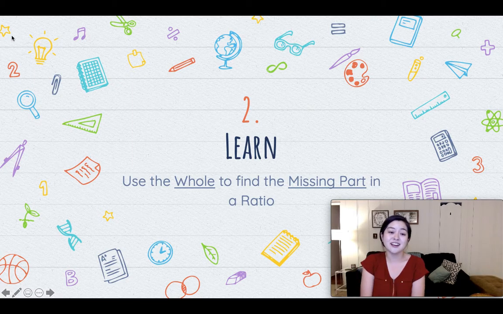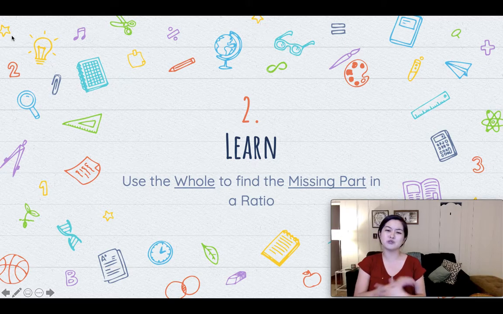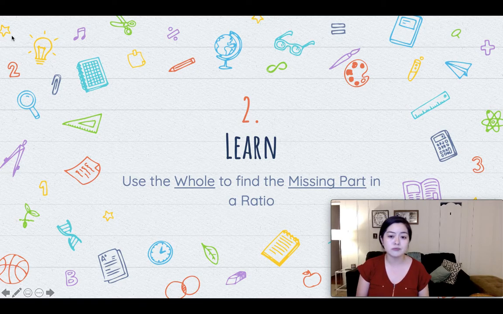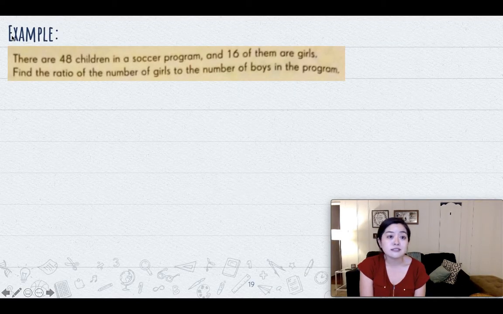All right. So now we're going to look at word problems where we have to use the whole that's given to find the missing part in the ratio. Now let's look at this example. There are 48 children in a soccer program and 16 of them are girls.